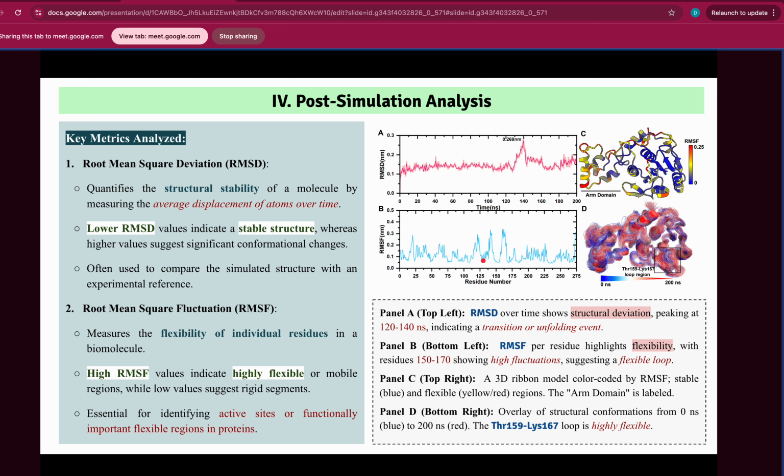Whereas if you look here, which is the RMSF plot, it shows residue numbers with respect to RMSF, that is, how much fluctuation is taking place and at what residue position. You can see that at nearly 150 to 175 there are some peaks, whereas somewhere there is not much peak.